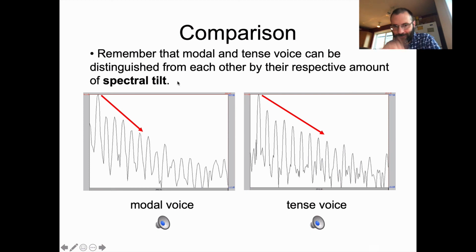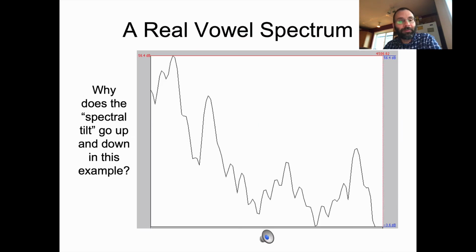Okay, so I gave you a whole lecture about that, so I'm not going to belabor it any further. But the idea is that with an EGG, you can look at what's going on here independently of what's going on with the rest of your vocal tract. But we can't do that with normal acoustic recordings of speech.